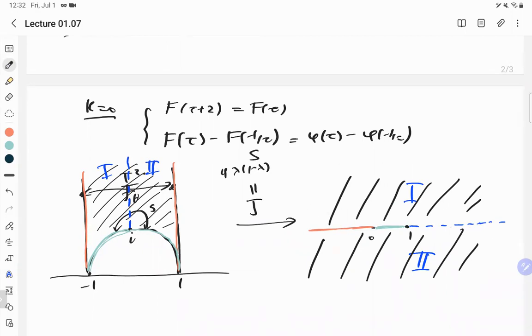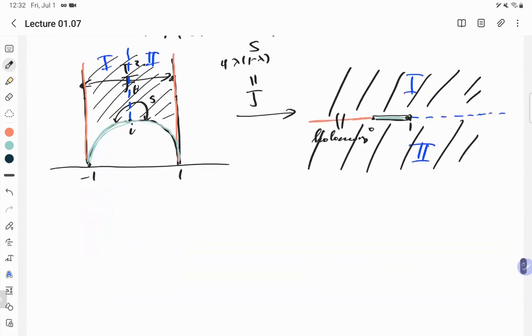And this matching condition, the periodicity condition along this orange-red part, is telling you that here it's also holomorphic. So it's holomorphic everywhere except along this interval. And along this interval, the condition is just a jump condition. When you cross this interval, you pick up the value of phi at the corresponding point. And so you get a kind of jump problem.